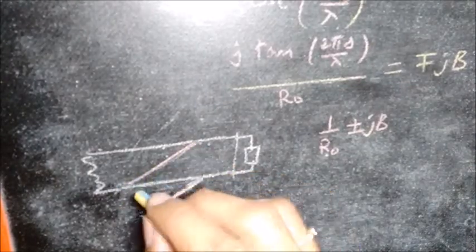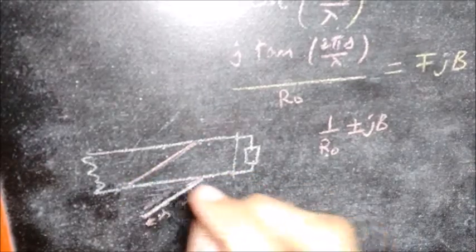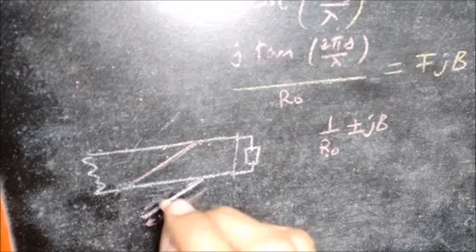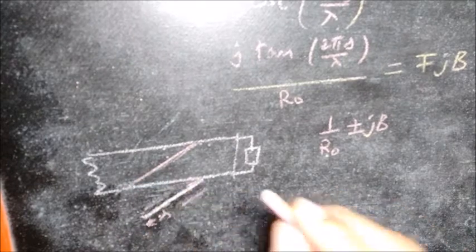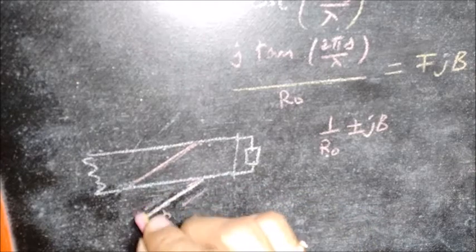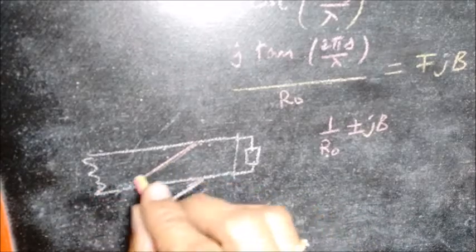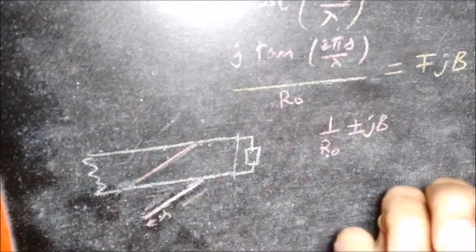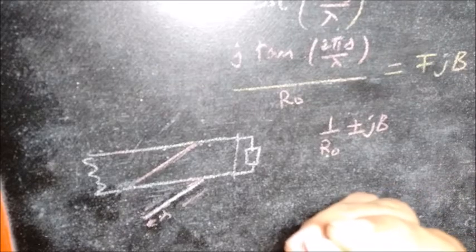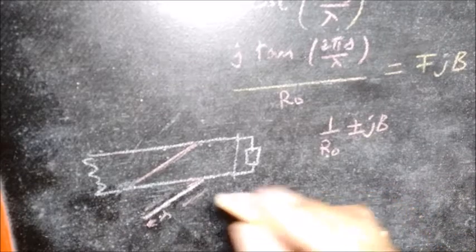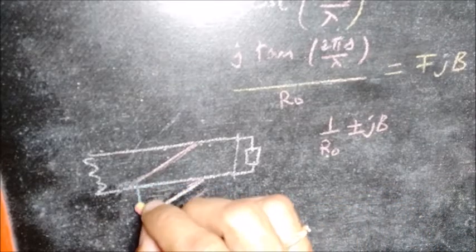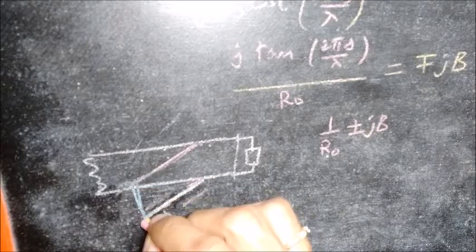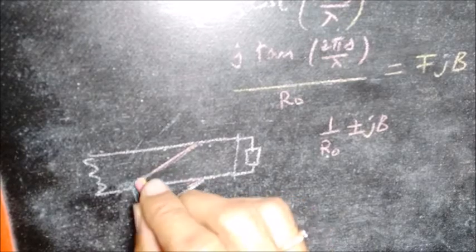Of course, when you just leave a transmission line like this and leave it open, there are many potential problems that can arise. One of them is that these will act as radiators and there will be power loss from here. So that is one of the problems that one can encounter. So a short circuited stub is preferred because a short circuit is fairly well defined. You just have to short it.